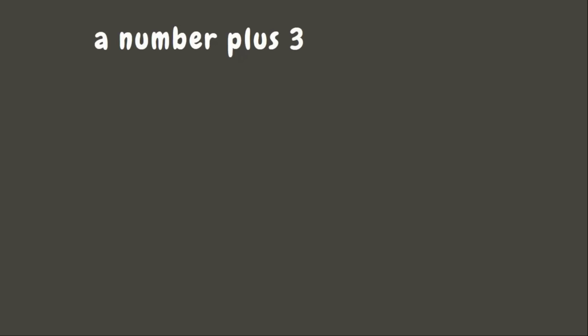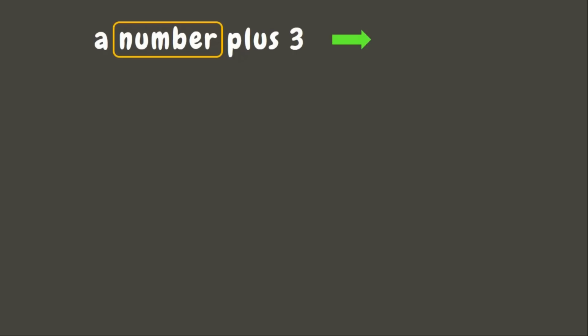Now that you already know the parts and the differences between equation and expression, let us go and translate some verbal expressions. Here we have a number plus 3. First one that you need to know is what is missing here. The missing here is a number.